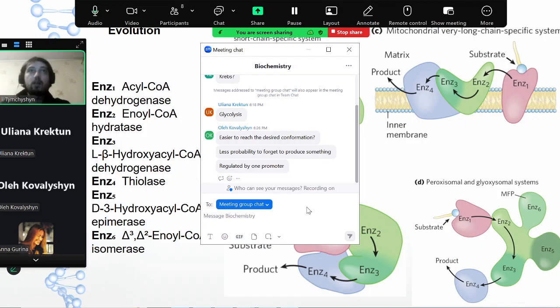That's one thing. The other thing is that you are regulating them with one promoter, which is a really good point. If they were regulated with different promoters, one promoter could make a lot of copies of one enzyme, but the other promoter, for some reason, gets disabled, and you produce little or none of the other protein.